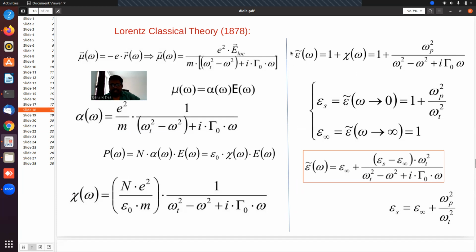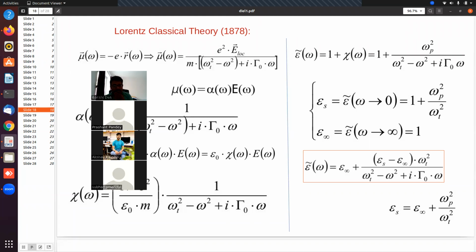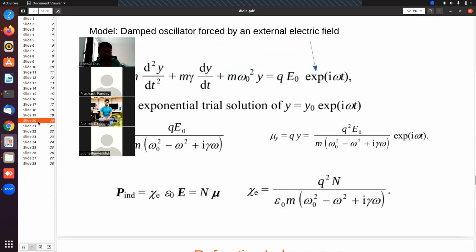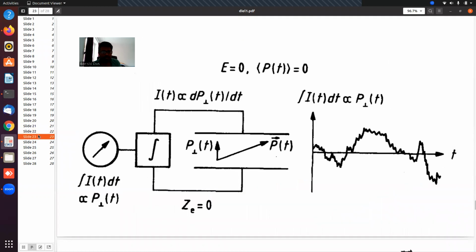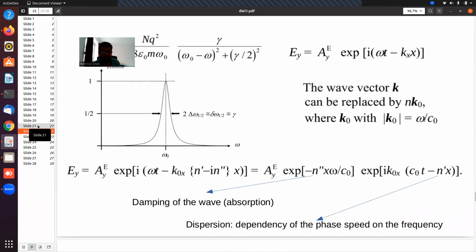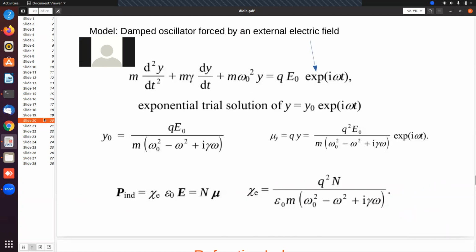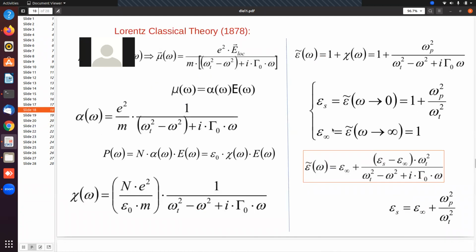So the frequency-dependent dielectric permittivity is 1 plus the susceptibility. We have two limits.